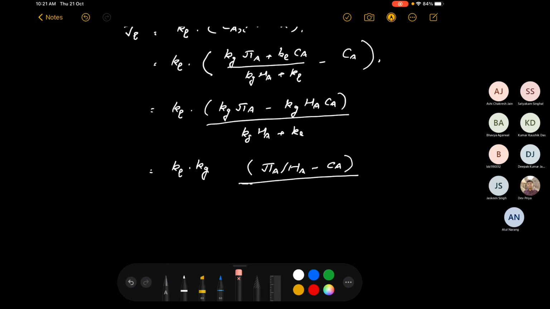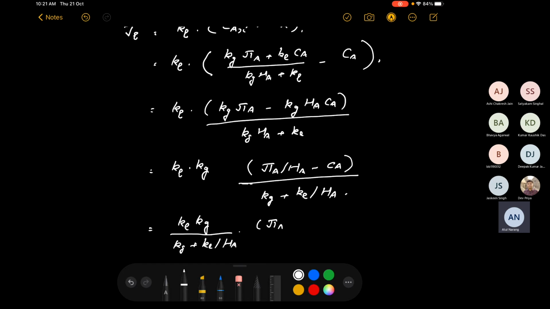So it'll be KG plus KL over HA. So now this can be written as KL times KG divided by KG plus KL over HA, and this becomes pi A over HA minus CA.